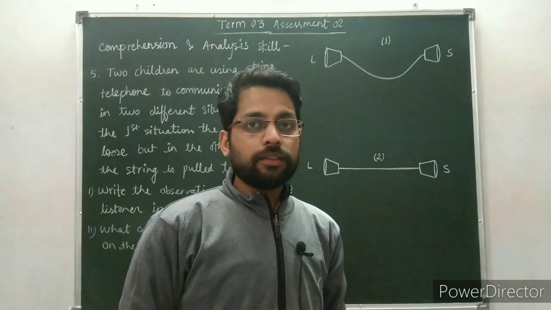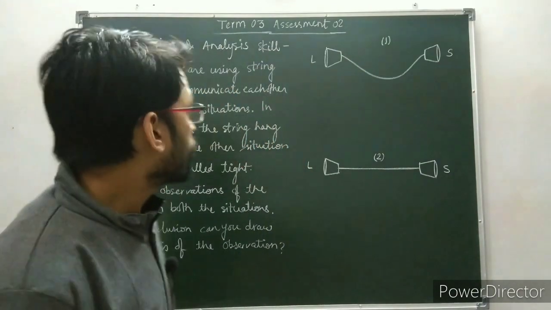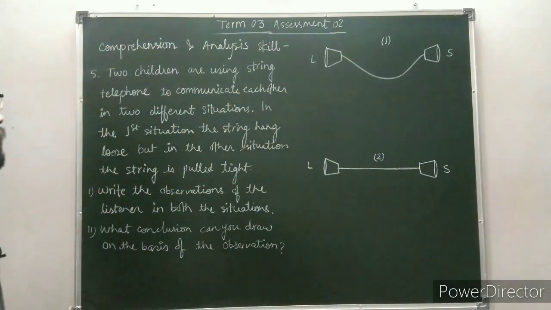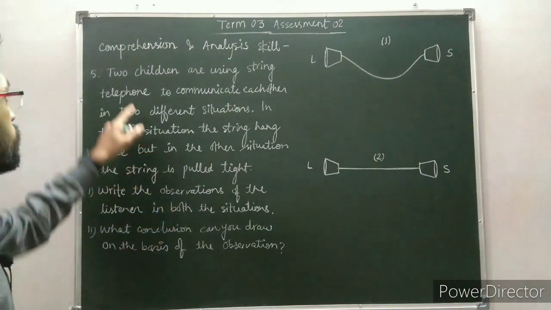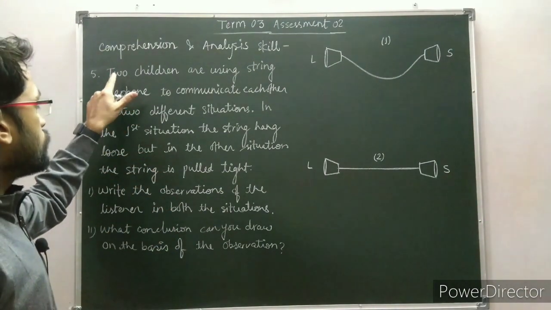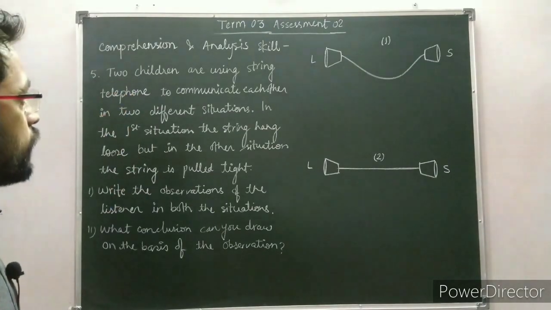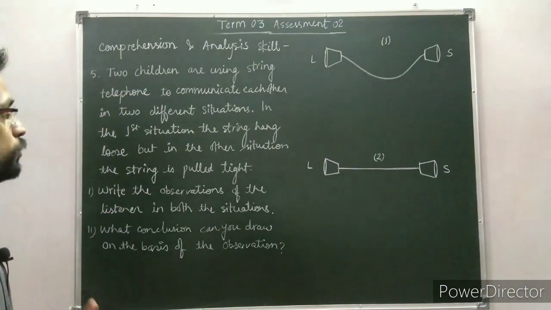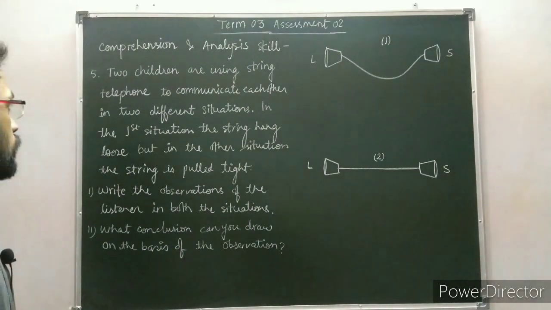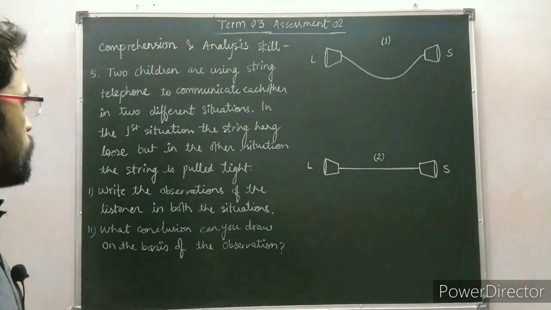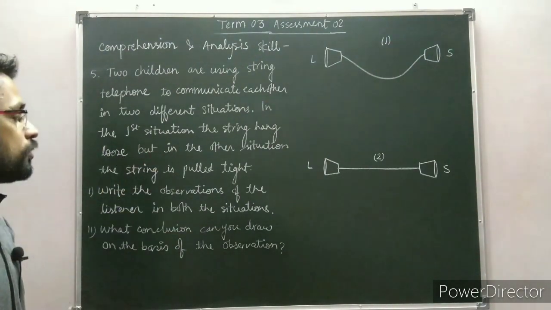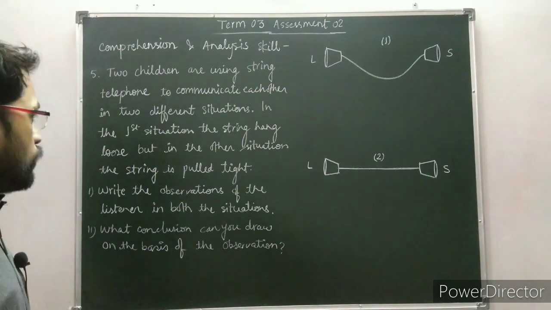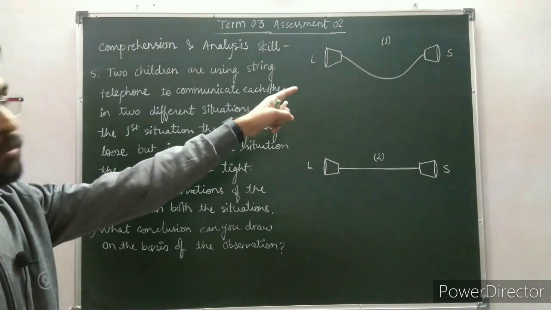Okay. Now the next question is question number 5 from the comprehension and analysis skill. Two children are using a string telephone to communicate with each other in two different situations. In the first situation, the string hangs loose.